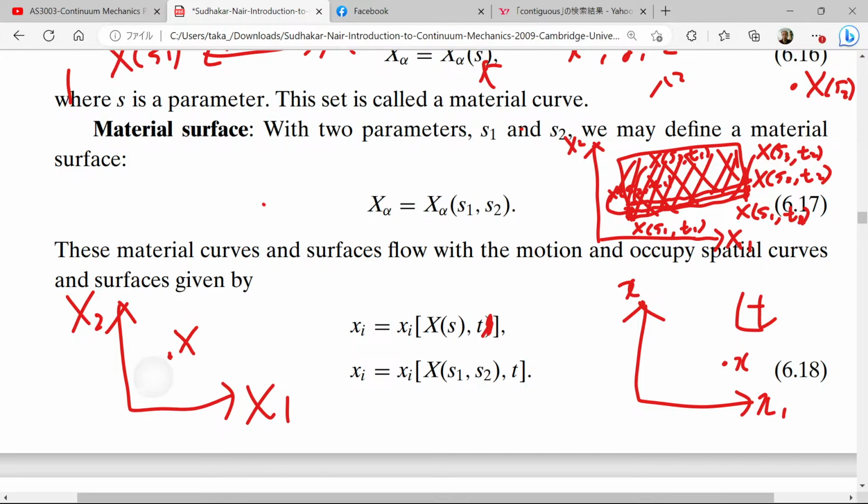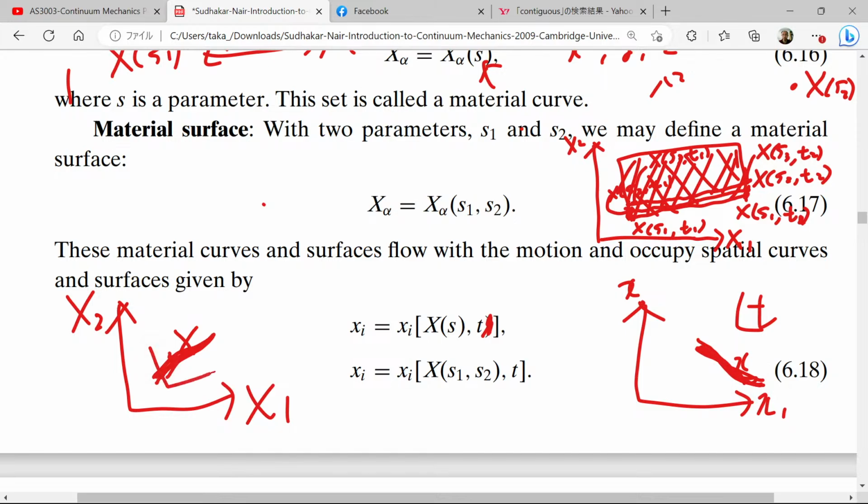Now, instead of a point, we are considering a line: this material curve at a later time becomes this kind of spatial curve.